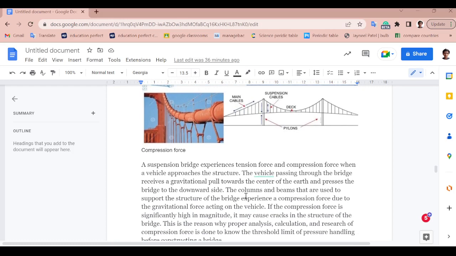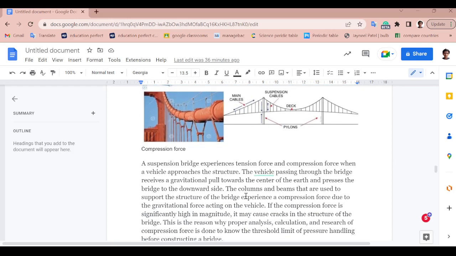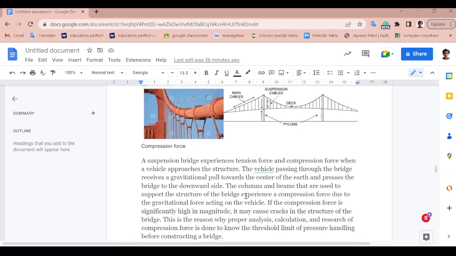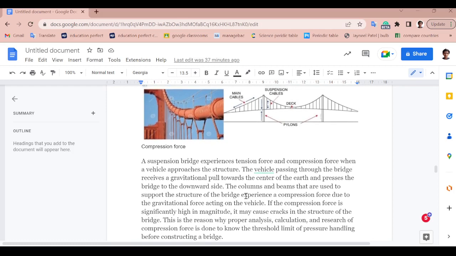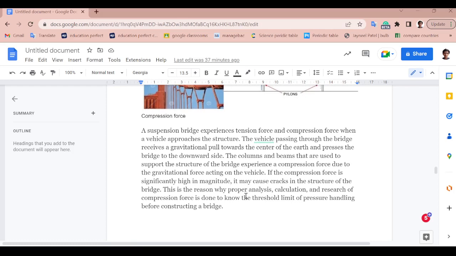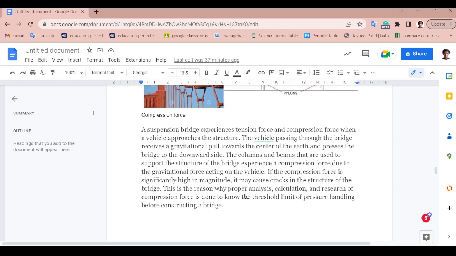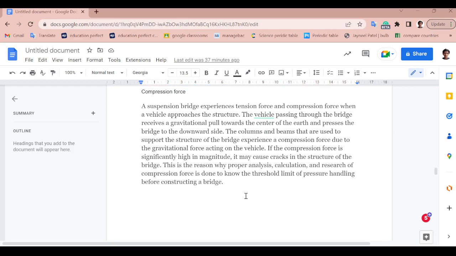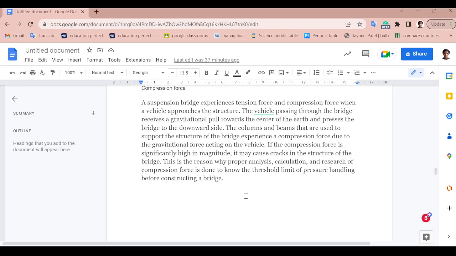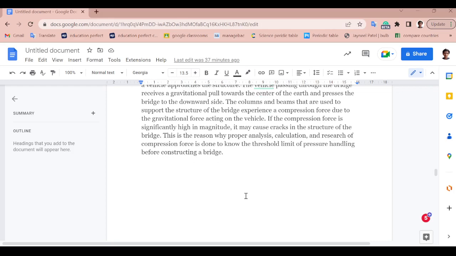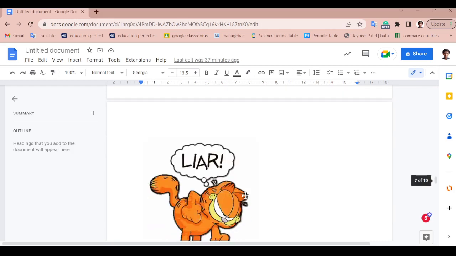The columns and beams that are used to support the structure of the bridge experience a compression force due to the gravitational force acting on the vehicle. If the compression force is significantly high in magnitude, it may cause cracks in the structure of the bridge. This is the reason why proper analysis, calculation, and research of compression force is done to know the threshold limit of pressure handling before constructing a bridge.